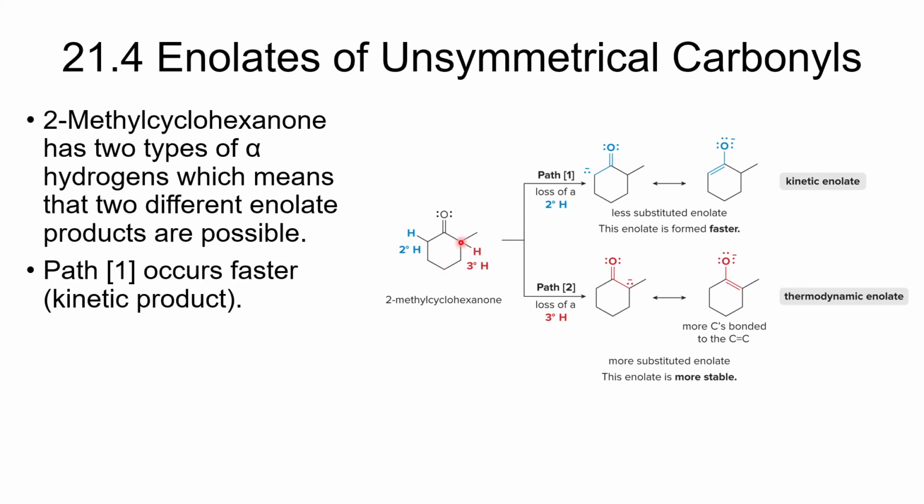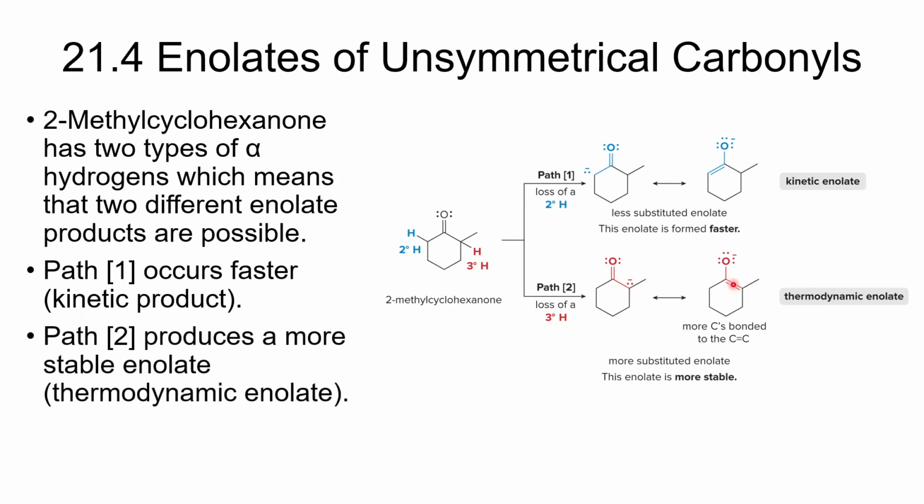If we want to deprotonate at the 2 position where we have the methyl already, when we deprotonate that hydrogen, we'll get this, and then our resonance structure for the enolate gets a more substituted alkene. Well, that means that this enolate is more stable than this one. So we've talked about kinetic versus thermodynamic before.